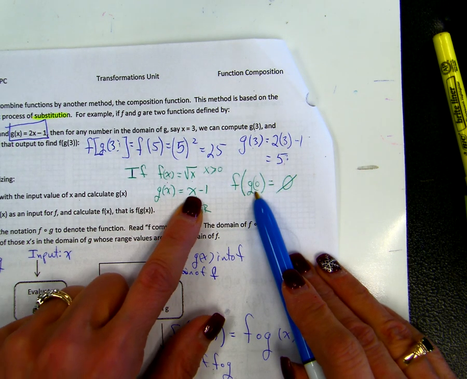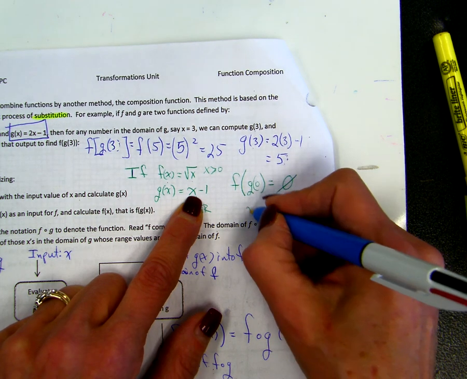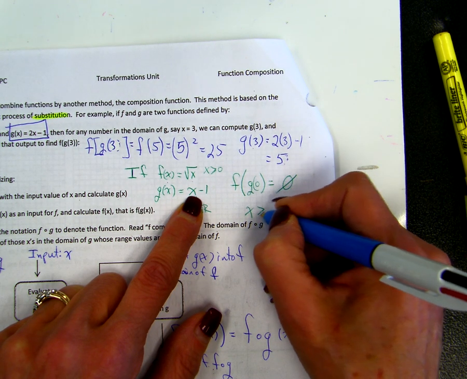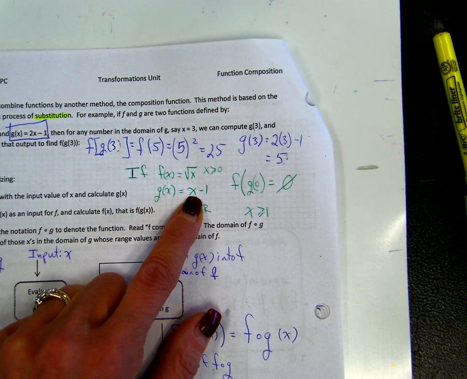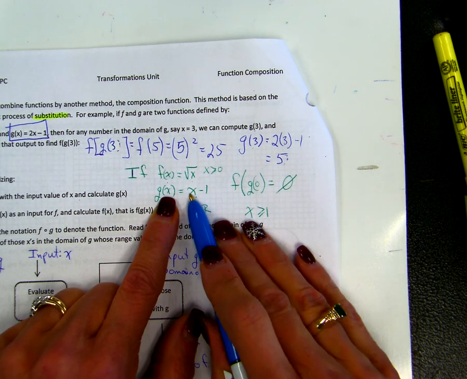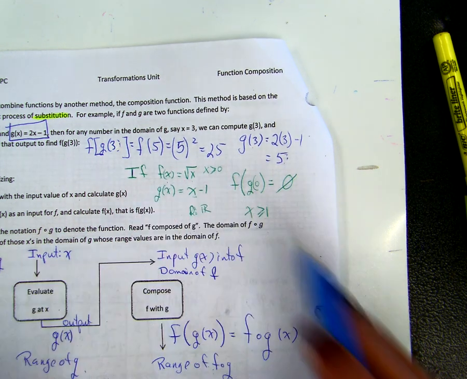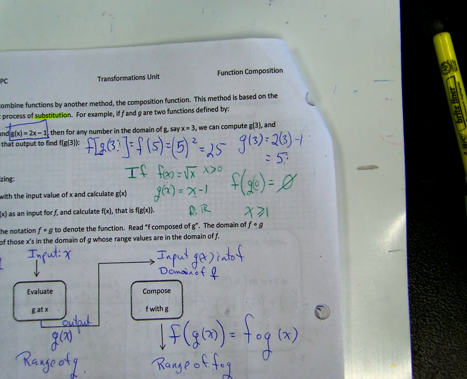Well, I guess my domain for f composed of g is that x has to be bigger than or equal to 1. Because if I put in a number that's smaller than 1, I end up with a negative going into the square root. So I have to back it all up and restrict the original domain.